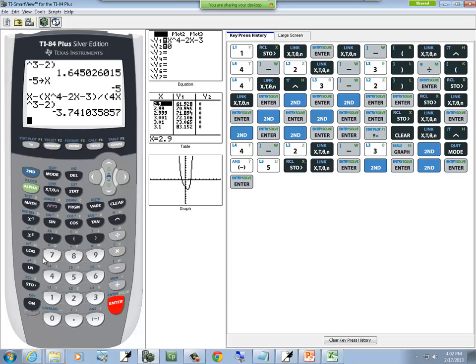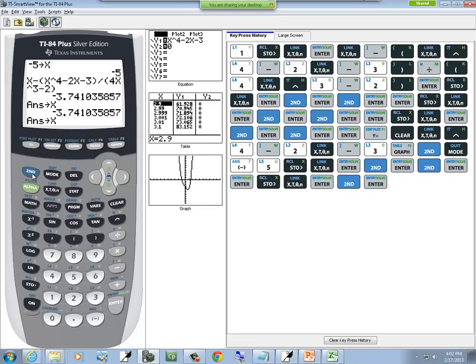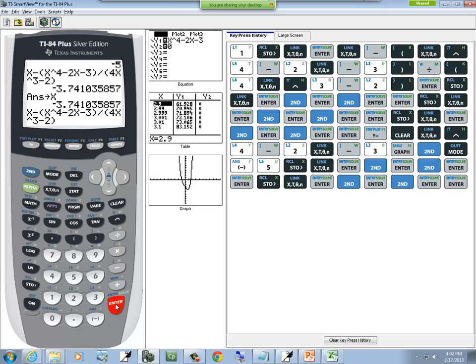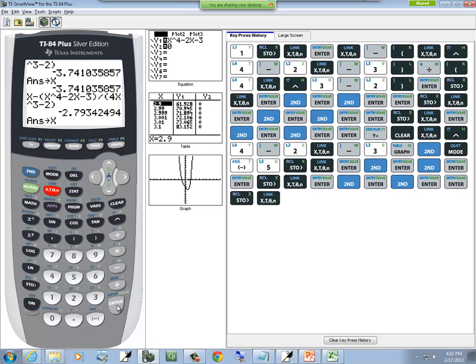Gives me that. And then I have to store it back into x. Do second enter twice. And store that back into x. Do second enter twice.